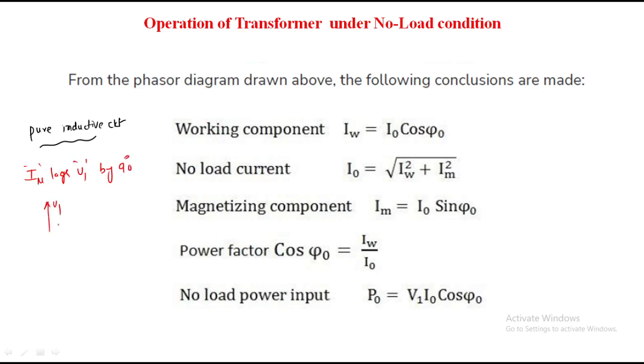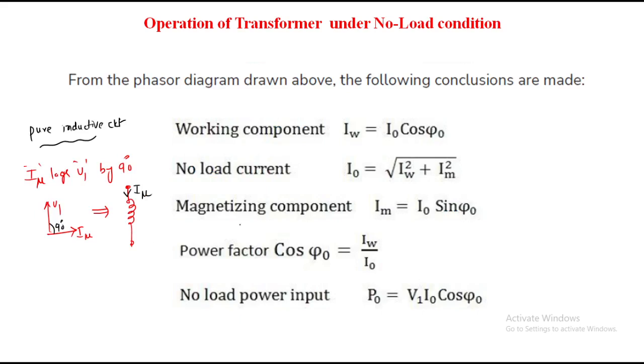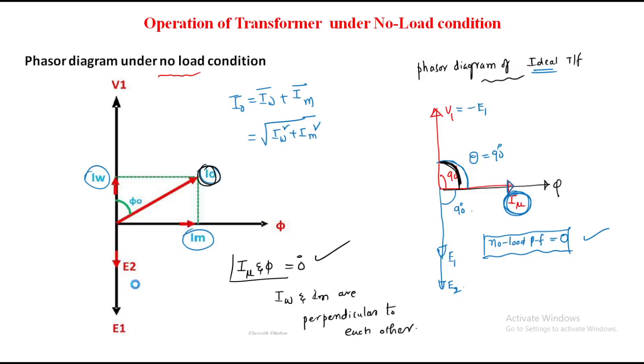So this is V1, this is I mu. For pure inductive, that's why this can be represented with an inductor. The current through this coil is nothing but I mu. Clear? That's why there is a 90 degrees phase displacement between V1 and I mu. Clear? And how can you represent the IW in phase with V1?